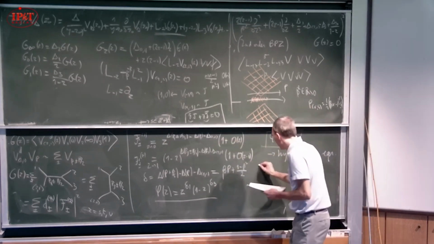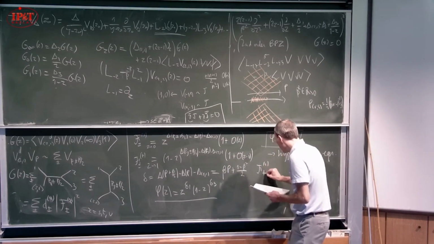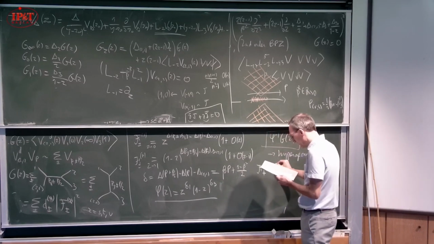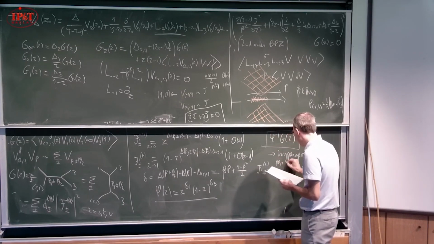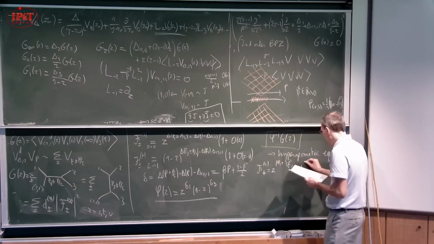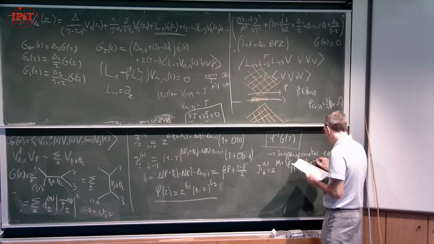So in particular, the S-channel block F_S plus is, well, z to the beta P1 plus (1 minus beta squared) over 2, 1 minus z to the beta P3 plus (1 minus beta squared) over 2.